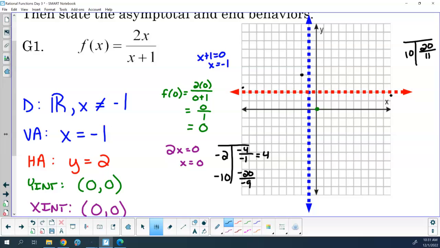Okay. Now we can draw in our function. Remember, our function cannot cross the blue line. So it's got to make a turn. That's why we pick multiple points.